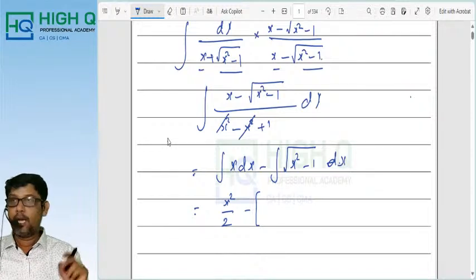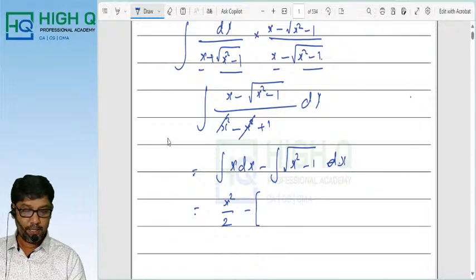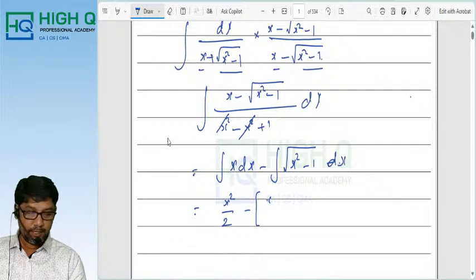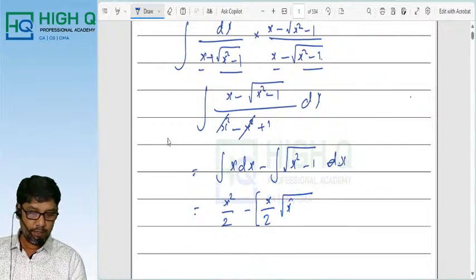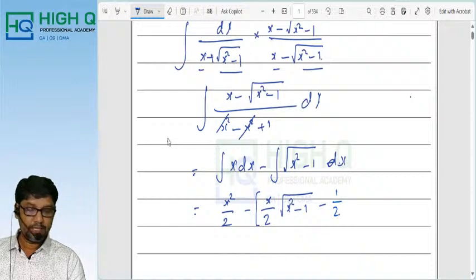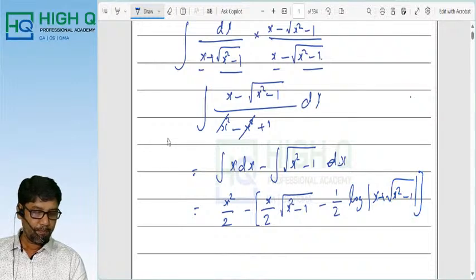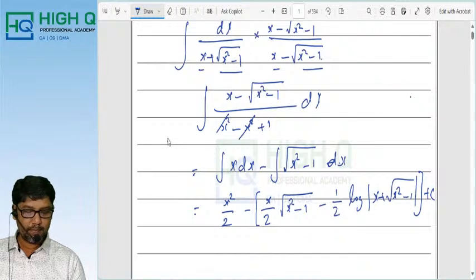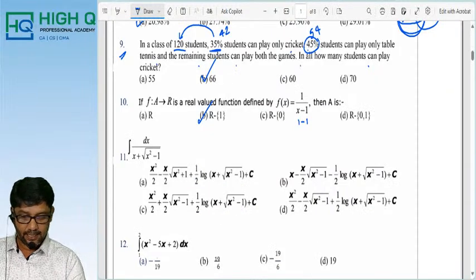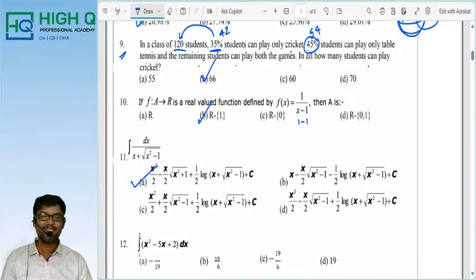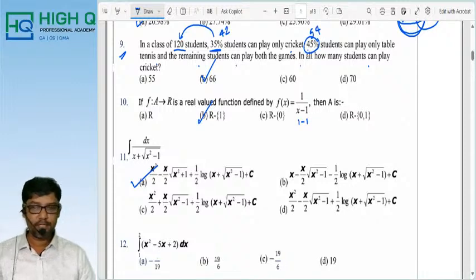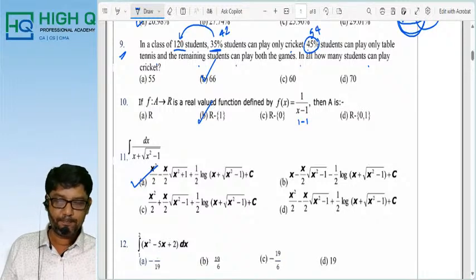That is the 6th formula: x by 2 root of x square minus 1 minus 1 by 2 log mod x plus root of x square minus 1, plus c. By opening the brackets, I am getting the answer as A. MRP, I don't know how you got option C, but I am getting option A, my dear.